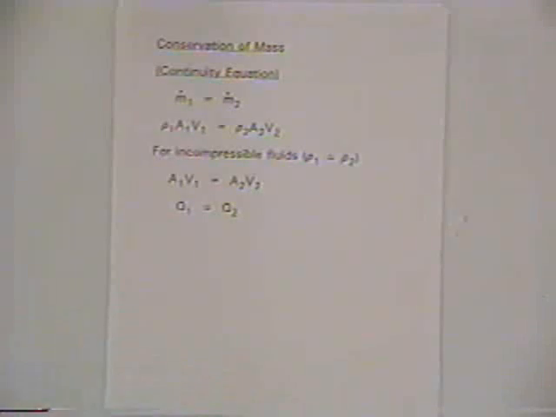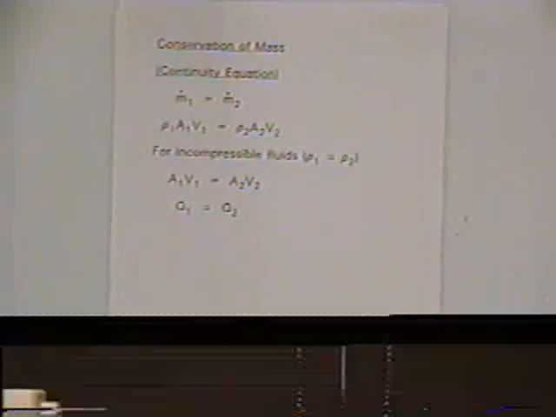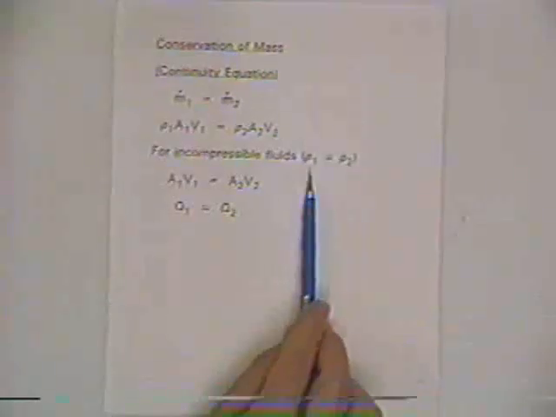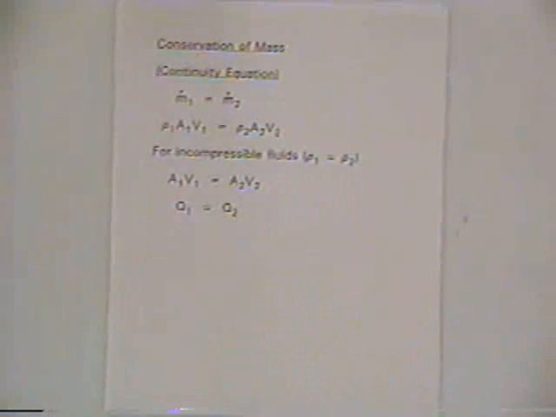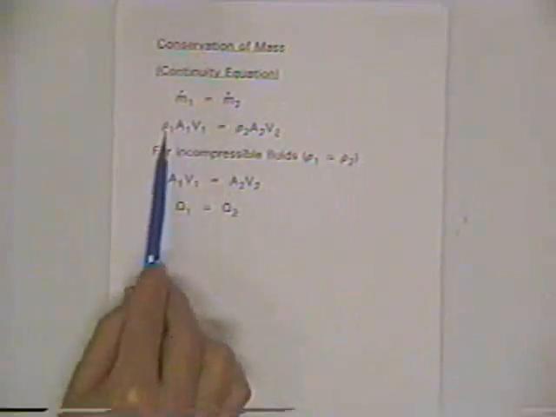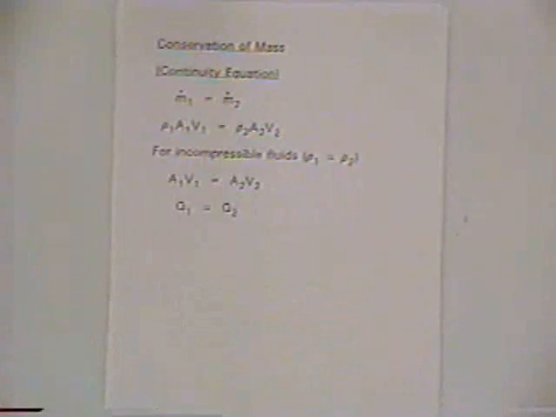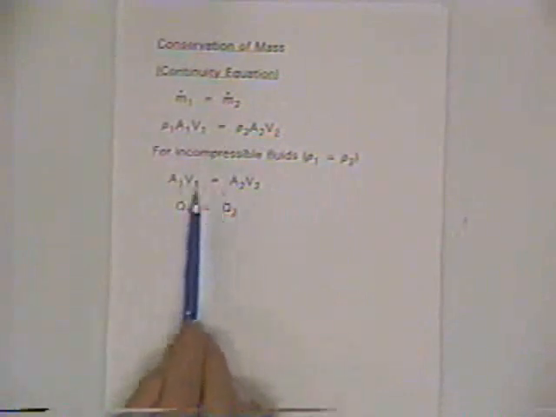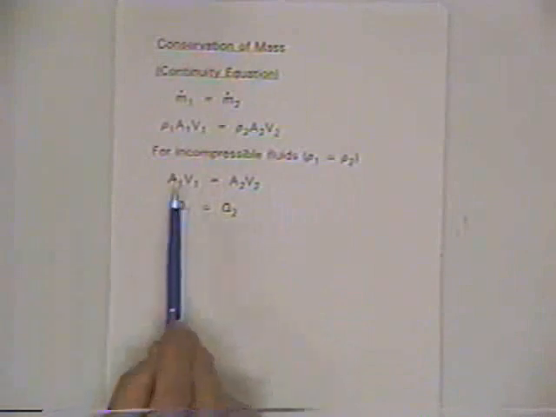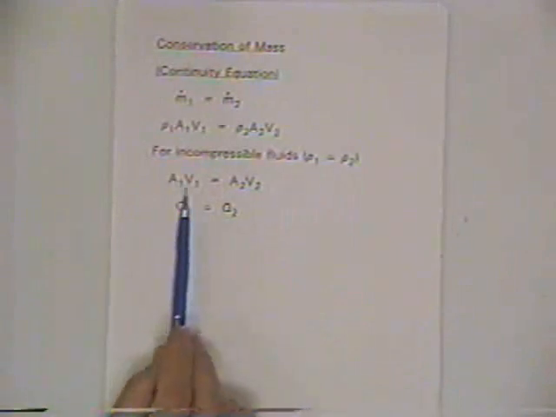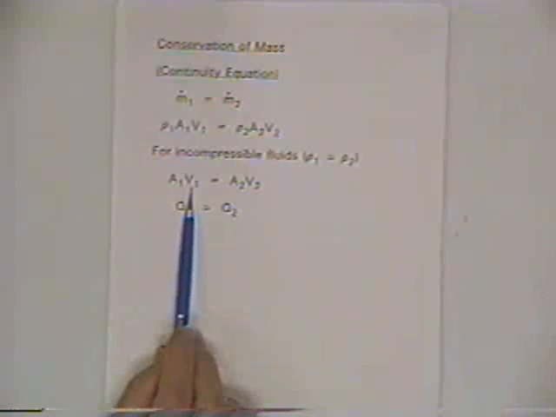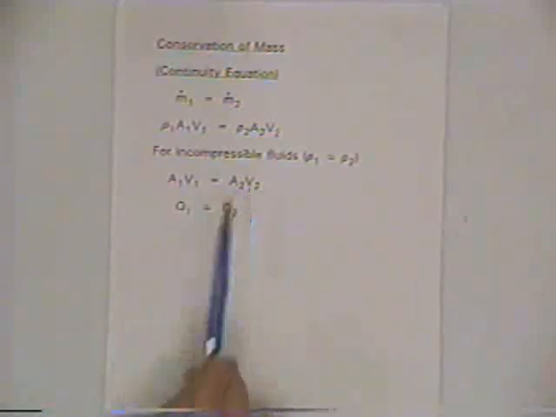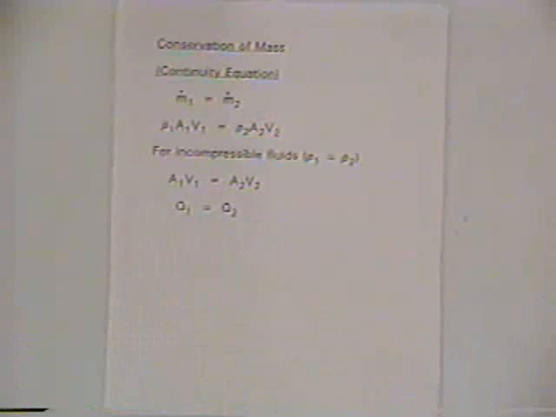And for incompressible fluids, of course, gases are very compressible. The densities change with pressure. But for most engineering applications of liquids, we assume incompressible fluids. The densities are constant with pressure. And so with rho 1 and rho 2 being the same, we can divide those out, and we can write the equation as the cross-sectional area of flow times mean velocity coming into the control volume is equal to the same thing going out.